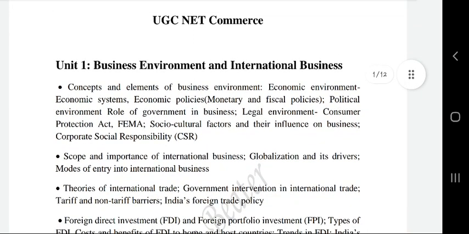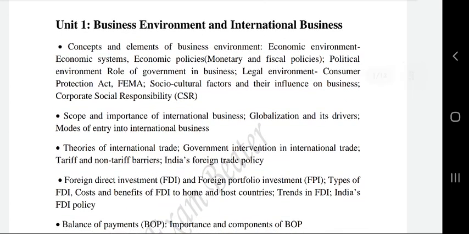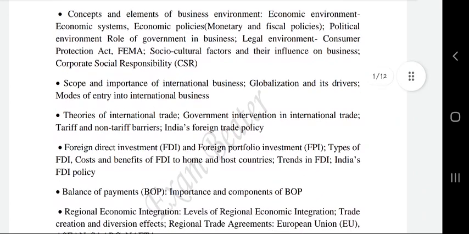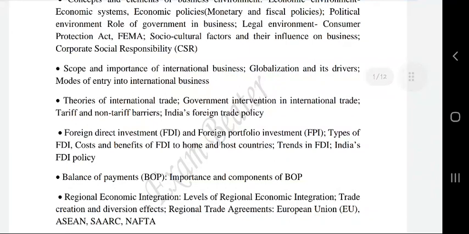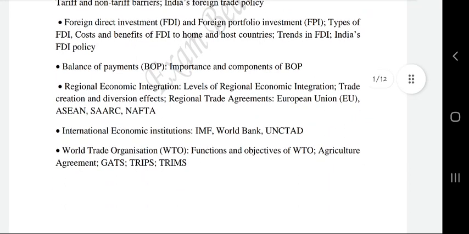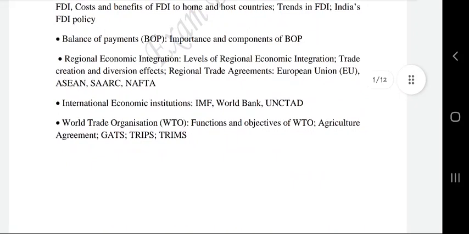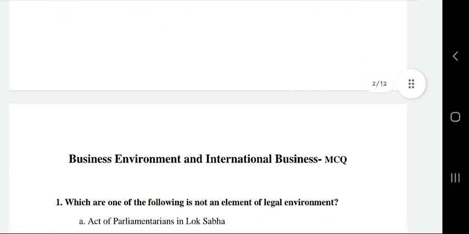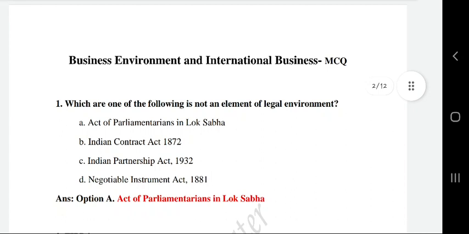You can see the syllabus: concepts and elements of business environment, scope and importance of international business, theories of international trade, foreign direct investment, balance of payment, regional economic integration, international economic institutions, and World Trade Organization. Then let's discuss the MCQs.